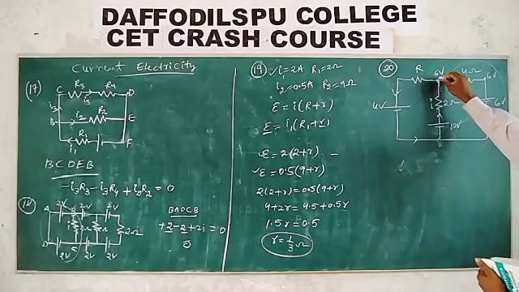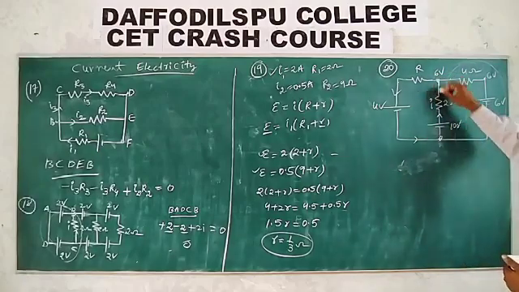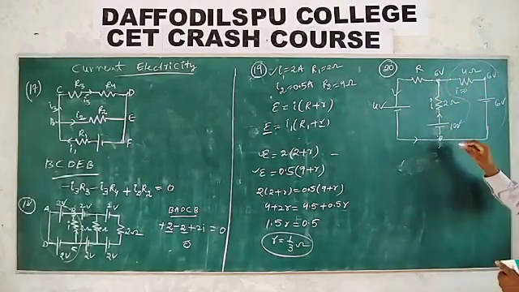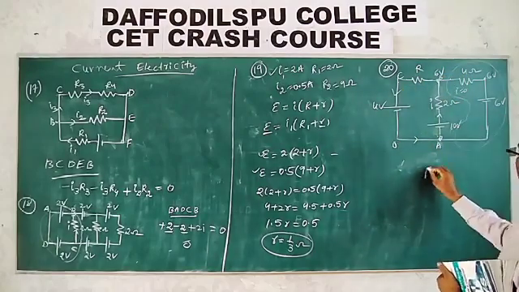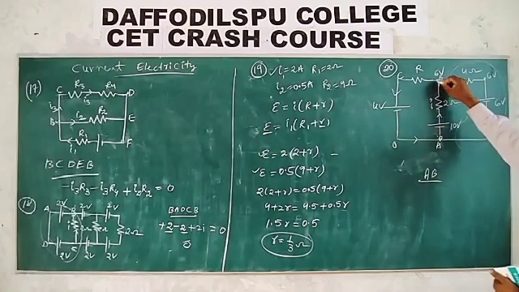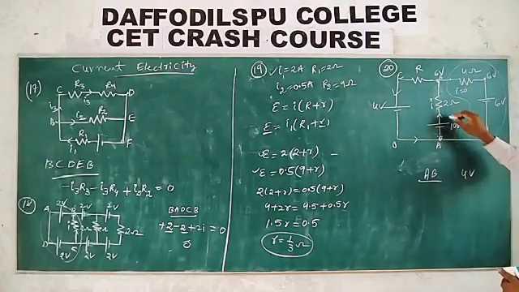Let me do it: here 6 volt, here 10 volt. What is the potential difference across these two? At A, B, what is the potential difference? Here 10 volt, here 6 volt, so 4 volt.